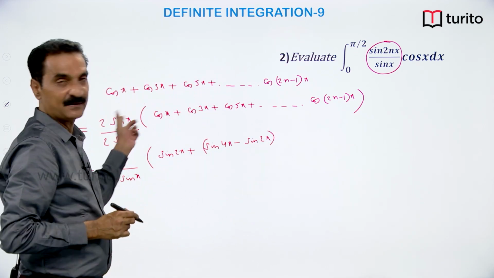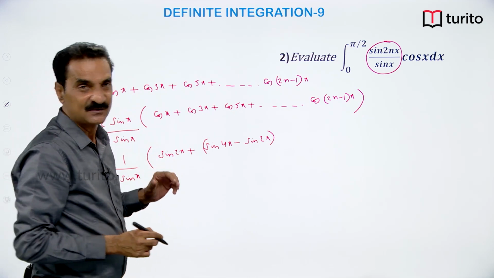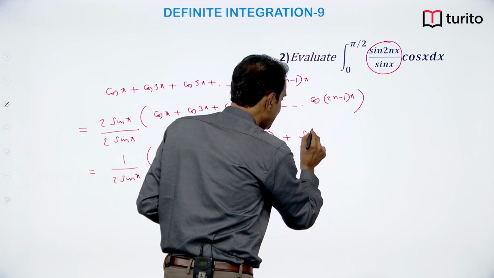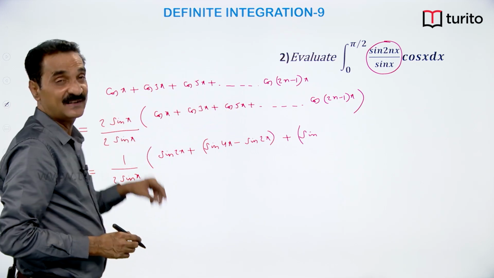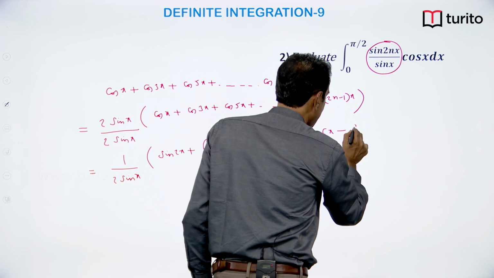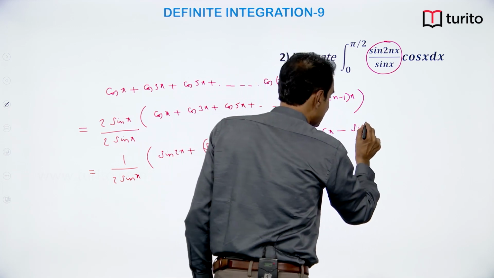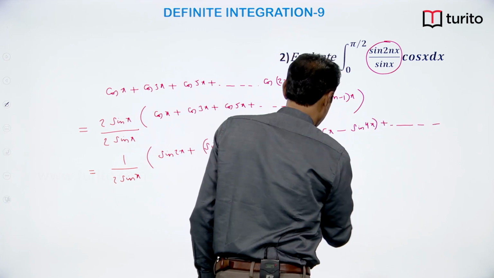This is the second term. Similarly, multiplying 2 sin x and cos 5x by transformations, it will be again sin a plus b minus sin a minus b. A plus b is 3x plus x, 6x, minus a minus b is 5x minus x, 4x, and so on.